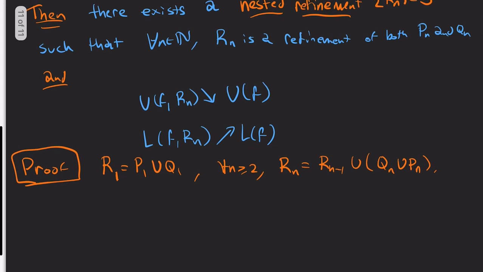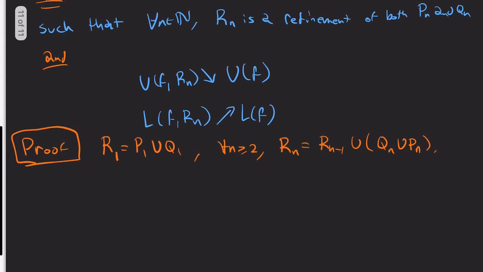Now we need to show that it's a nested refinement, and a refinement of both Pn and Qn.